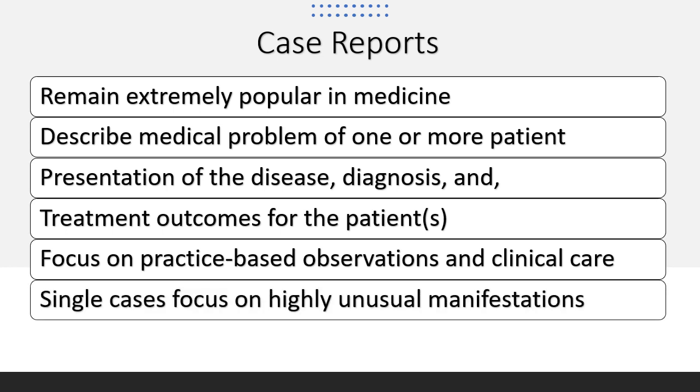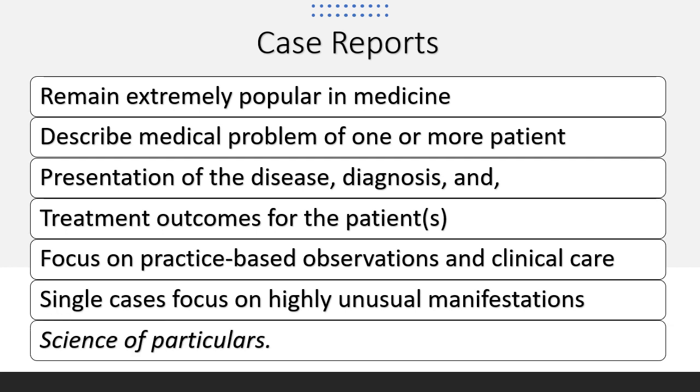Another advantage is that single cases focus on highly unusual manifestations. Very often, drug trials cannot, by the very structure of the study, attend to highly unusual manifestations of a particular ailment or disease. As a matter of fact, case reports are often described in scientific literature as the science of particulars.